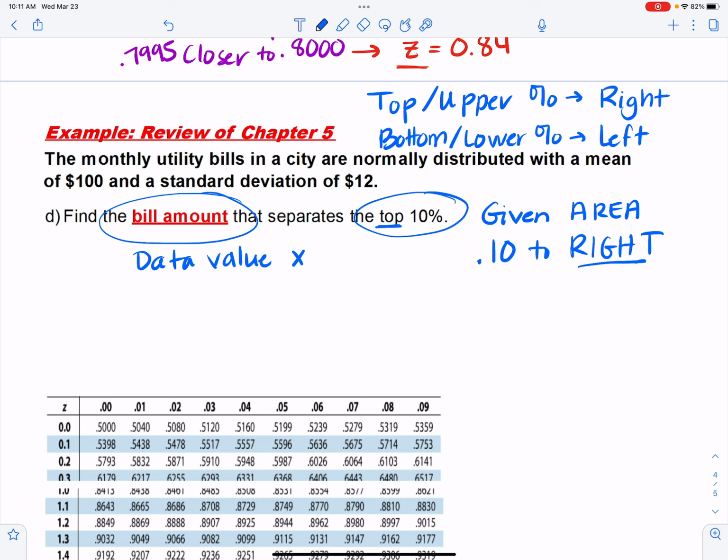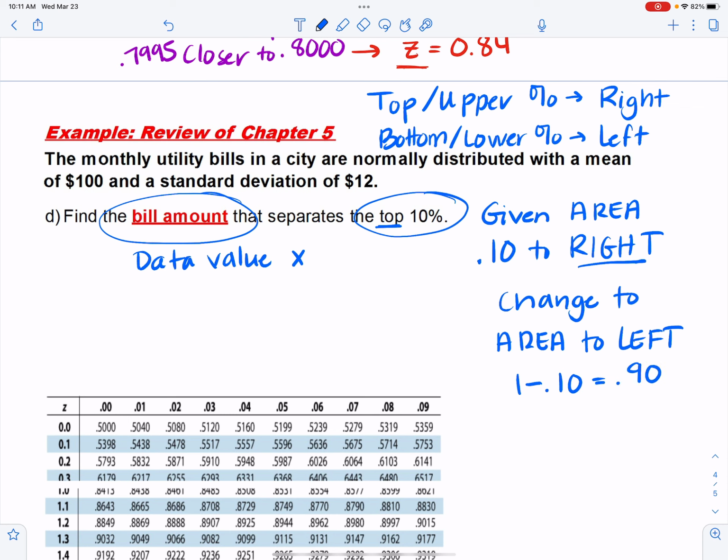Now, what I have to remember is that my table only does area left. So if I'm going to use my table when I'm given an area to the right, I have to change that to an area left before I can go to my table. And we know already we can flip the direction of our area by subtracting from 1.